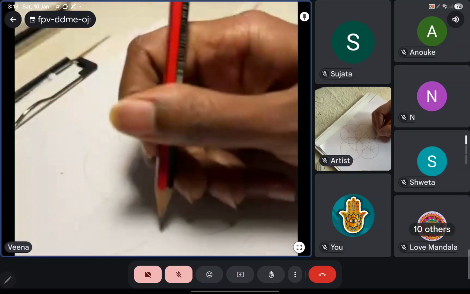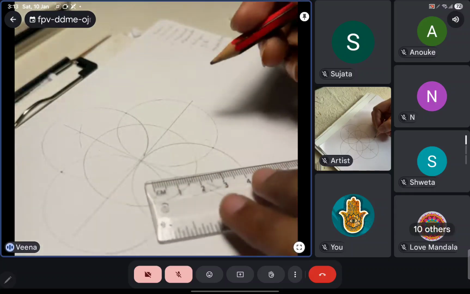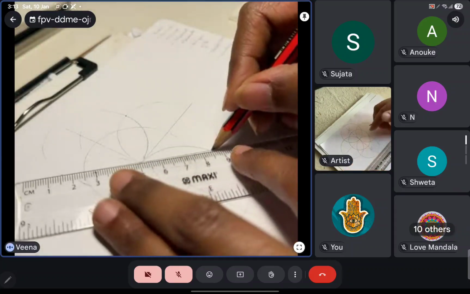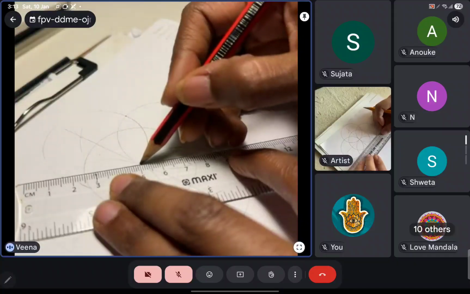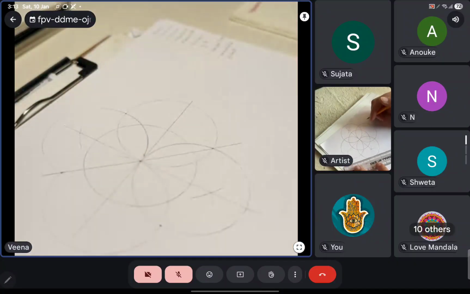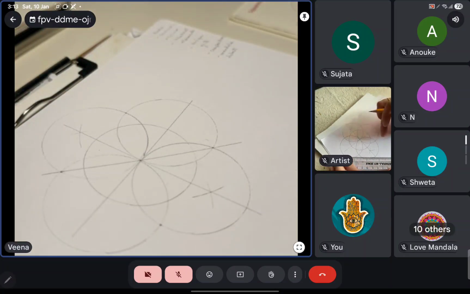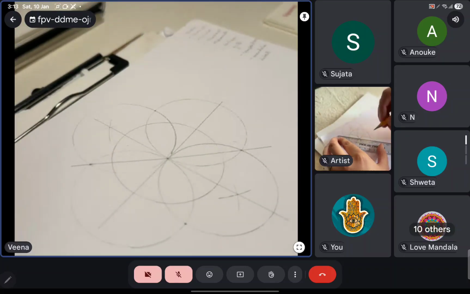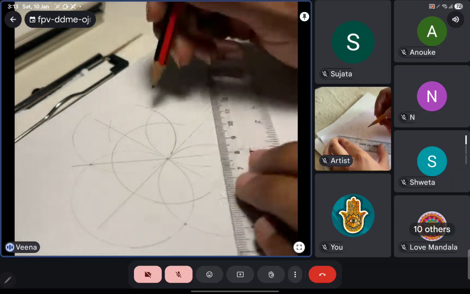4 points. So just make a mark, and then we are going to join them diagonally. And the same on the other side.